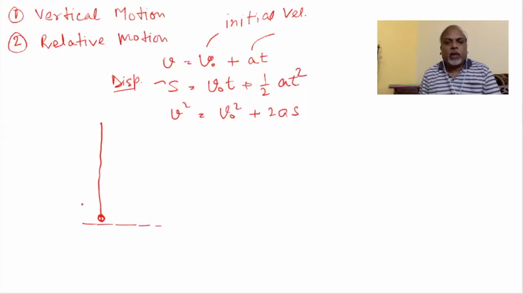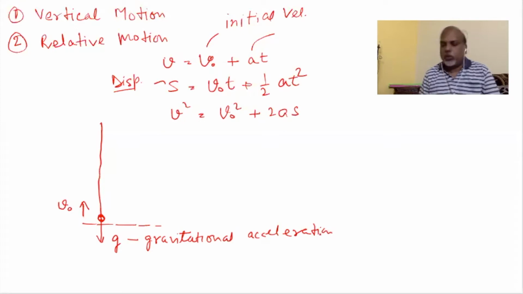It must have an initial velocity, because on this a gravitational acceleration will act, and that we denote by g. It is called gravitational acceleration, or acceleration due to gravity.